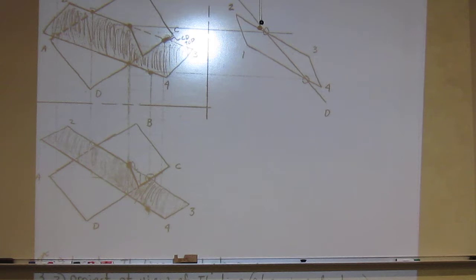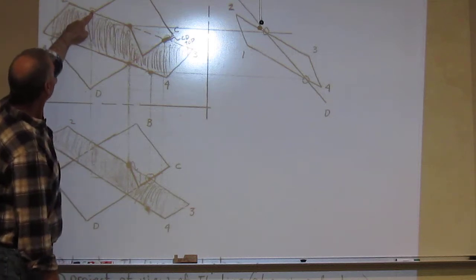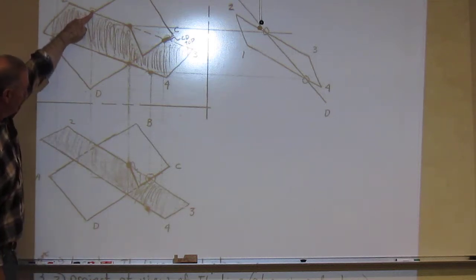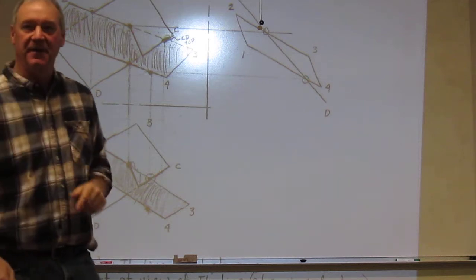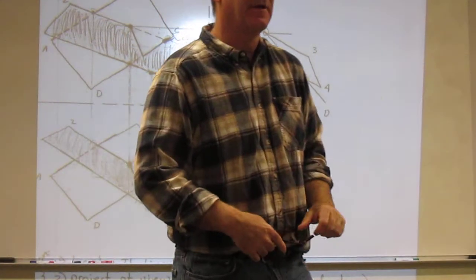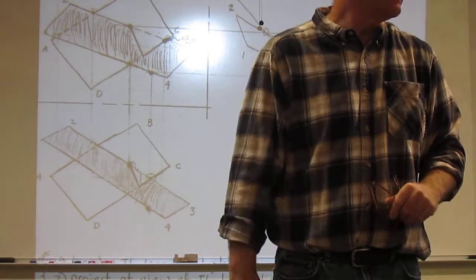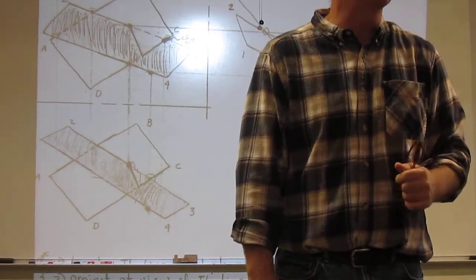Once I get that, I then project it down into the front view, and again, I'm just looking at these individual points. So I'm looking at AB and 2-3, project that down, and it tells me 2-3 is on top. So I start establishing the geometric location or depth of these items, and then I can sketch in the physical interaction of these two planes.